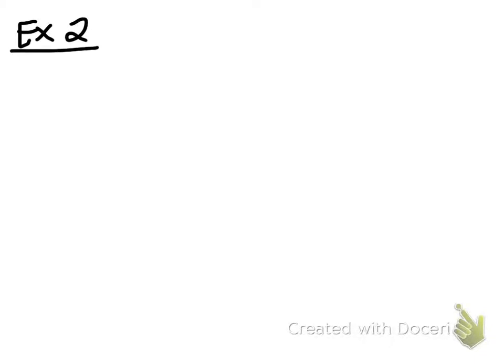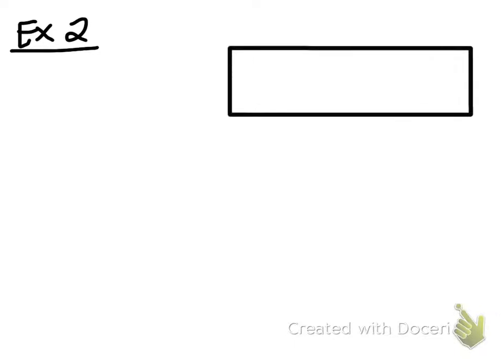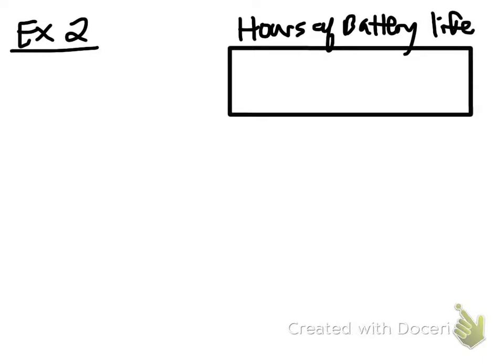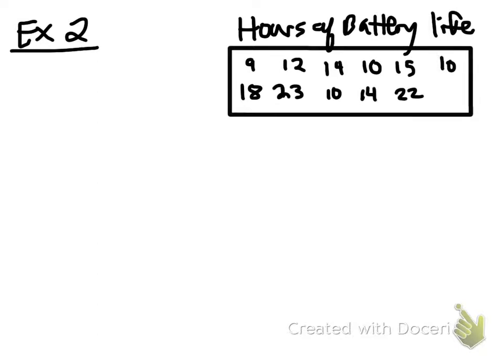So to make a histogram, first we need a set of data. In this case, our data is hours of battery life. The numbers in our set of data are 9, 18, 12, 23, 14, 10, 10, 14, 15, 22, 10, and 11.